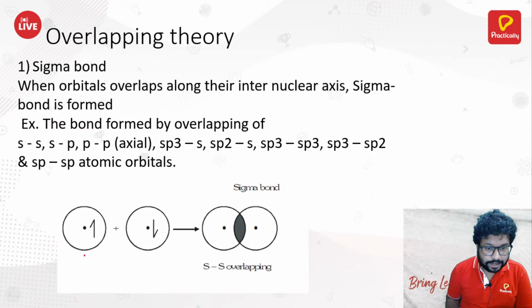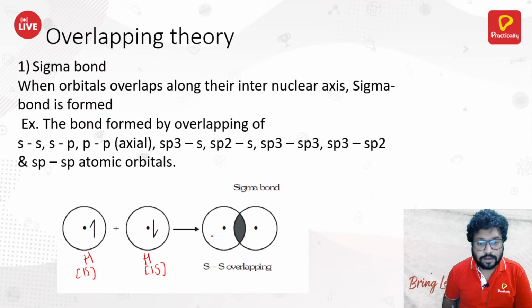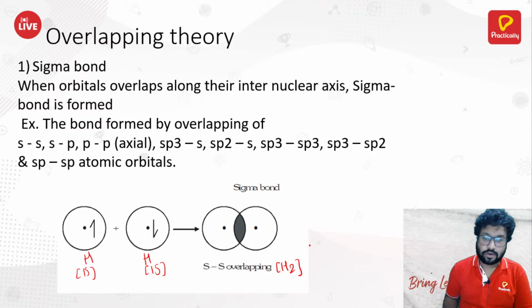This is the example of hydrogen, hydrogen. And this is what? 1s, right? 1s, 1s. So both of them get paired here. You got the hydrogen molecule. s-s overlapping. That's how you form a sigma bond.